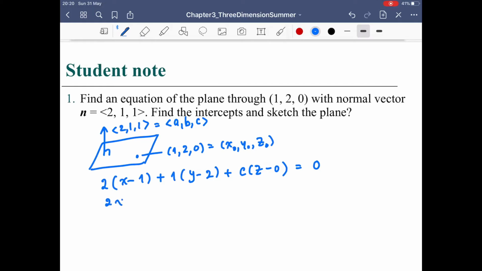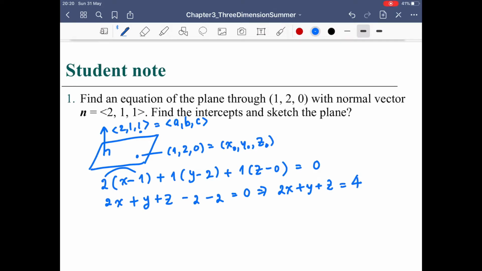And then you simplify a bit, so you get 2x, oh sorry, the c is simply 1, so you get z, and y, and then minus 4 equals 0, or sometimes you write it as 2x plus y plus z equals 4.